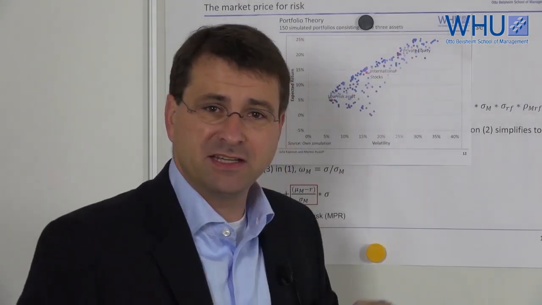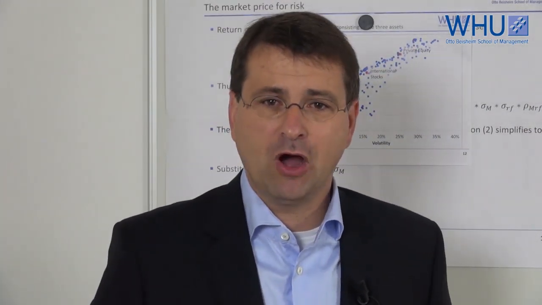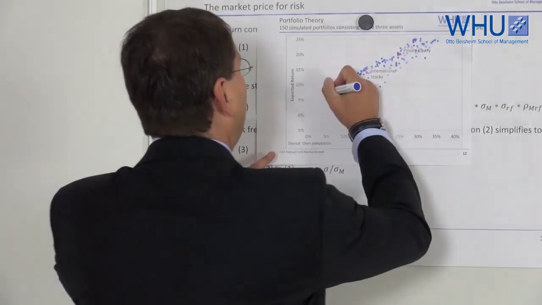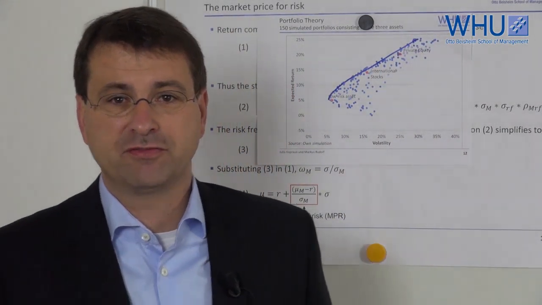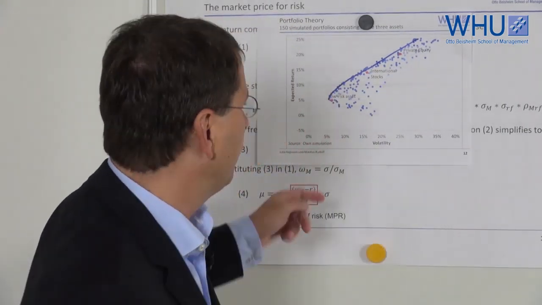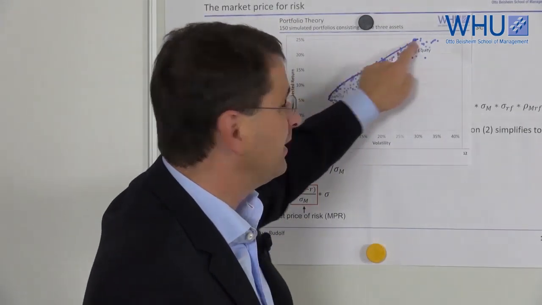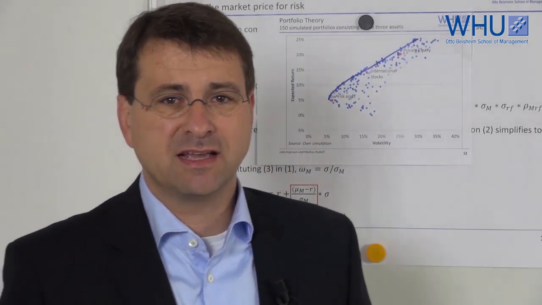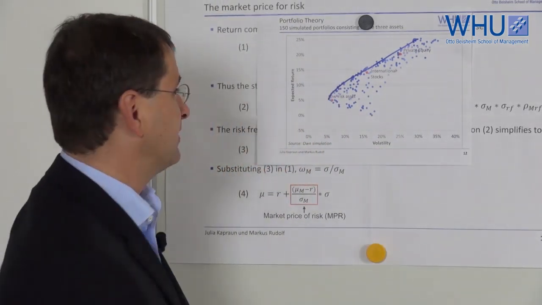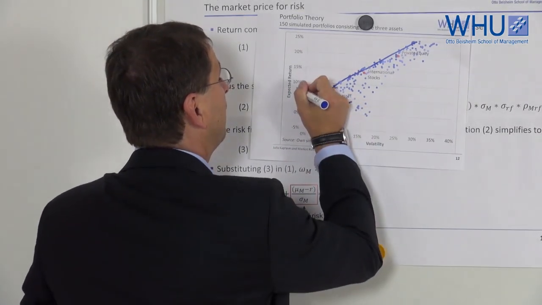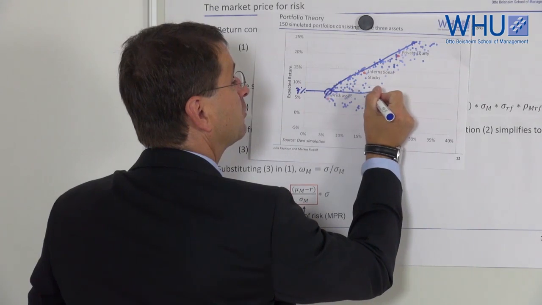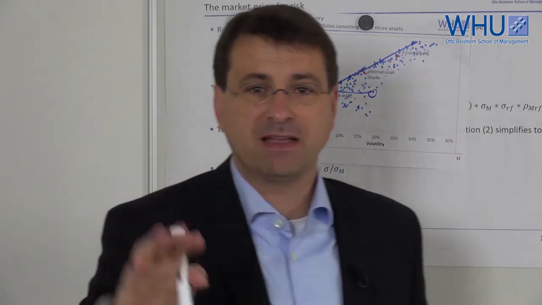As you can see, the outer boundary of that cloud of points is the very well-known efficient frontier as it was developed by Harry Markowitz in his seminal paper in the year 1952. We all know that this line, which I have added to that chart, delineates the set of efficient portfolios in the sense that any of those points has the lowest volatility given a certain amount of expected return, compared to all of the other points on the same expected return level.